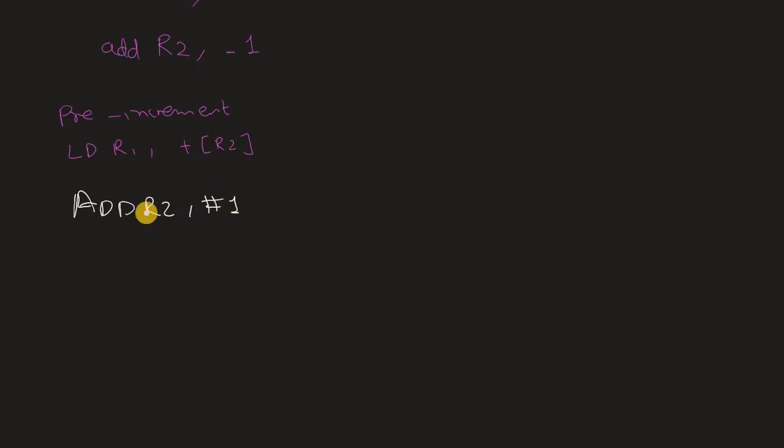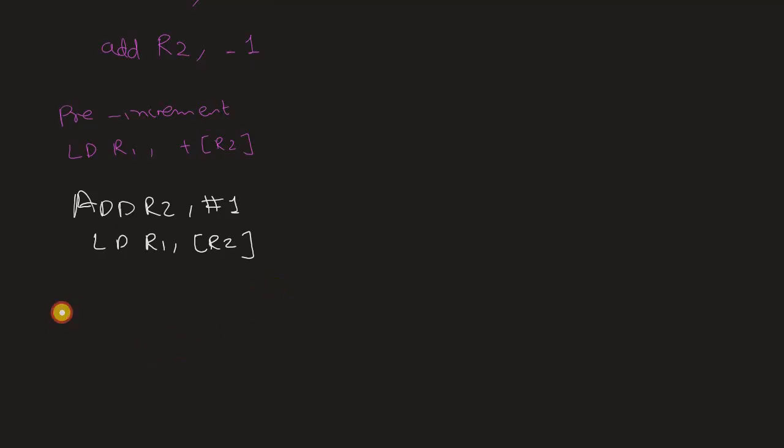So we are adding this constant 1 into R2 and then we are loading, using the memory address in R2, and storing the contents in R1. So this is the inverse. We're adding 1 first to R2, and afterwards we're using the memory address of R2 and storing it into R1. So yeah, this is what we're doing.